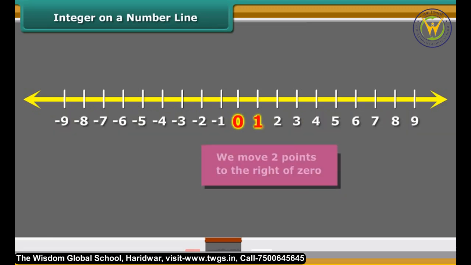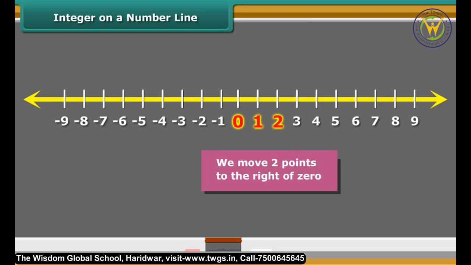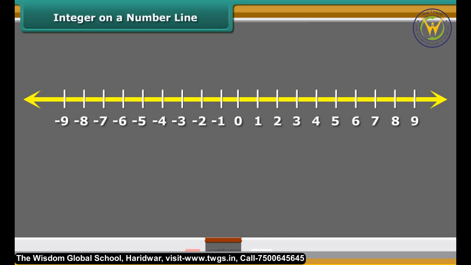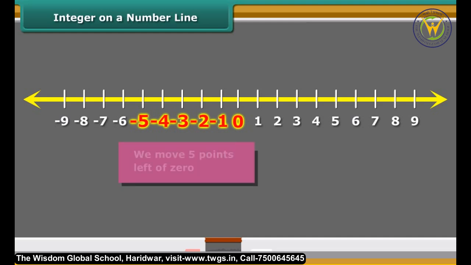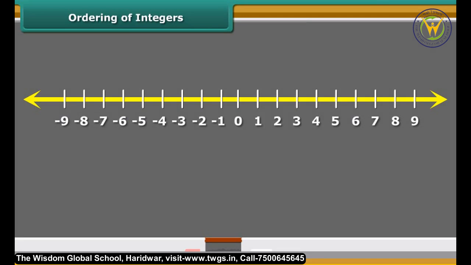Here, to mark +2 on the number line, we move 2 points to the right of 0. Similarly, to represent -5, we move 5 points left of 0. Let us again observe the integers which are represented on the number line. We know that 9 is greater than 5, and on the number line, it is 4 points right of 5.